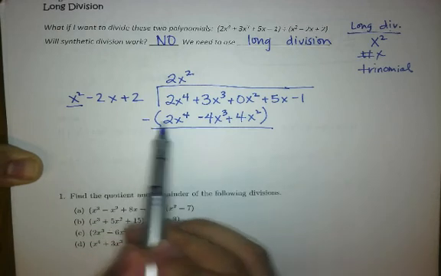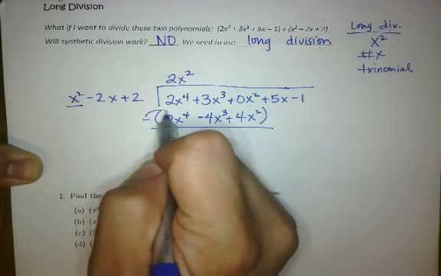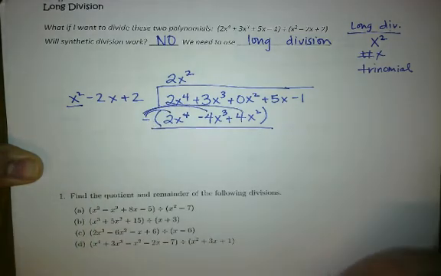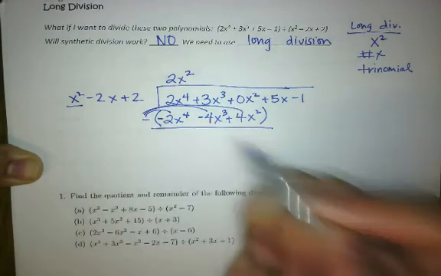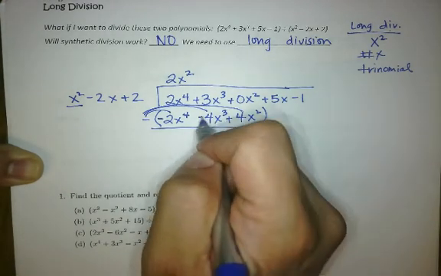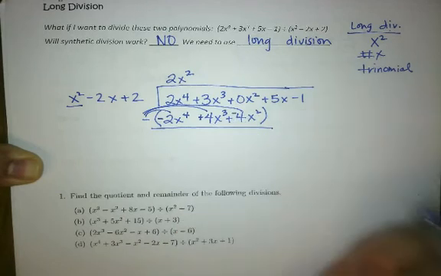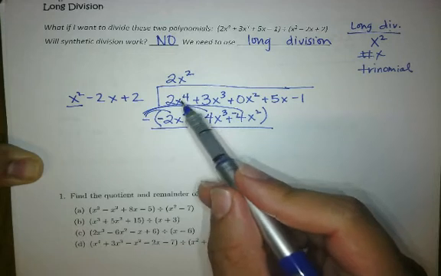Because I'm subtracting all this from the top, I have to make sure I distribute that negative to all these terms inside. So this positive 2x to the fourth power becomes a negative. This minus 4x cubed becomes a positive. And this 4x squared becomes a negative. Okay? So now I can start subtracting.